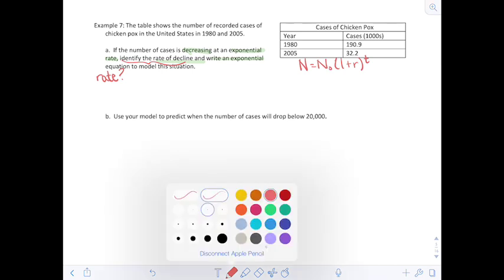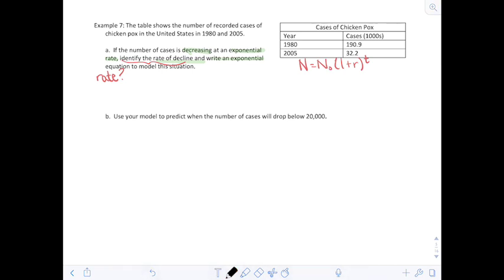N, the resulting amount, that is actually the 32.2. That's our resulting amount, which makes N sub 0, our initial amount, the 190.9. And this is in thousands. The initial was 190.9. And then 1 plus the rate that we don't know, and then the time, t. From 1980 to 2005 is 25 years. So now we have everything we need to solve.